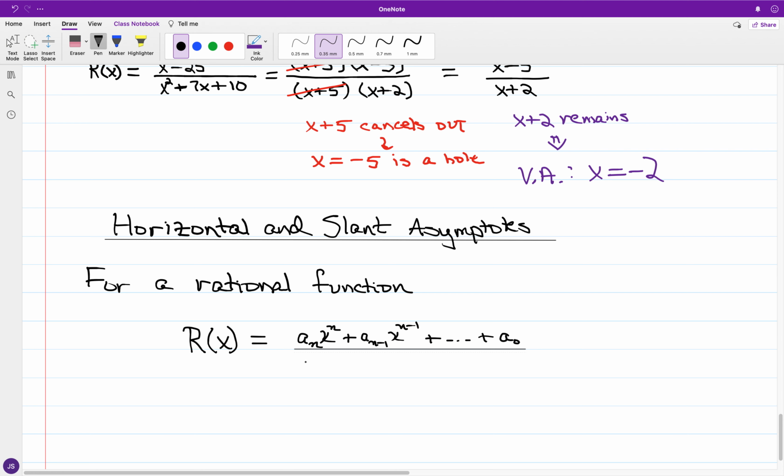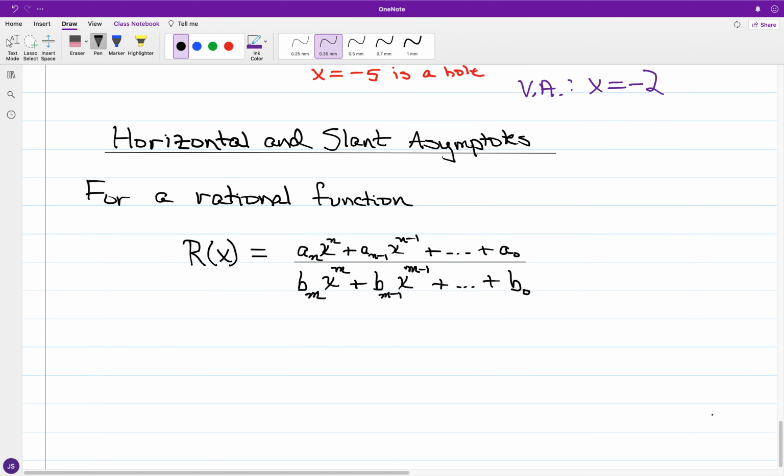Now for the denominator, we have the letter b as a coefficient and subscripted by m. So you have b sub m times x to the m, and we have plus b sub m minus 1 times x raised to the m minus 1. Just like the numerator, the denominator polynomial is going to end with the constant, and that's going to be symbolized by b naught.